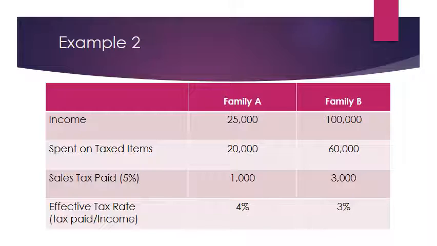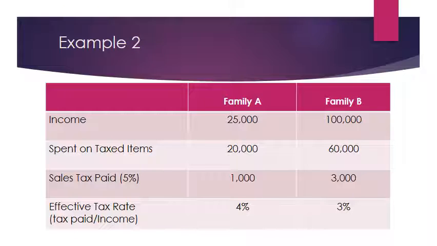This is why sales taxes can be regressive, and that's why, as we'll talk about sales tax later, in most countries some items, especially food or medicine, are exempt from sales taxes in order to reduce this kind of regressivity of sales taxes.